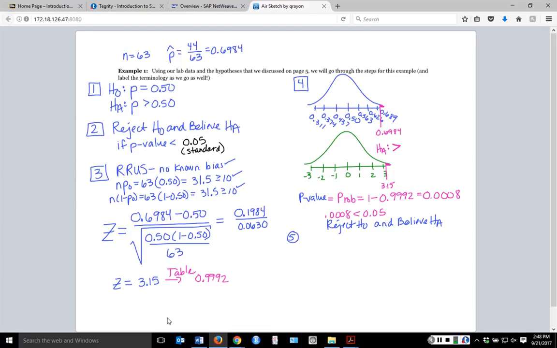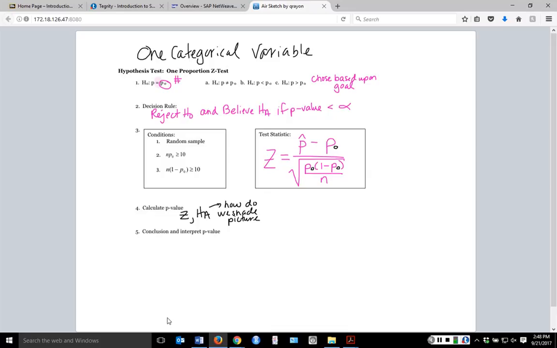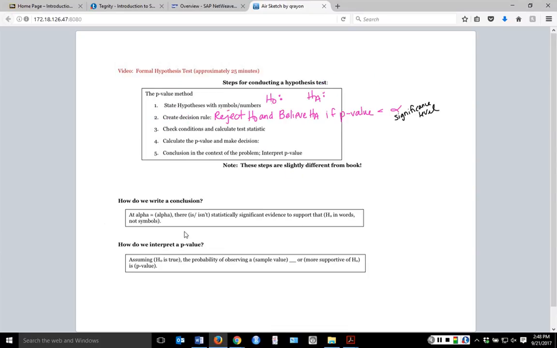Step 5 tells me to take the conclusion and interpret the p-value. And here's where I have an example of each. So we're going to do the first one here first. We have our alpha, which is 0.05. Then I have to say whether it is or isn't statistically significant. When we talked about this term, statistically significant, before, it basically means that you rejected the null hypothesis.